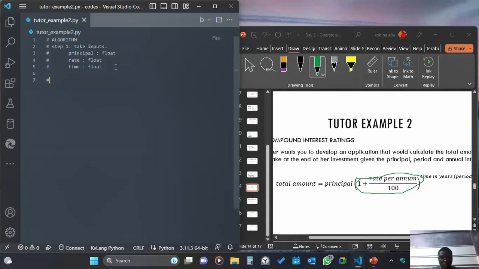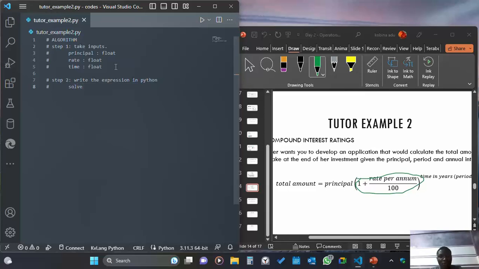Now for step 2, we have to write the expression in Python. But we can solve it this way. We can say first we solve the one in brackets. It's to my own discretion. You can solve all of them together, you can break them down, but I'm doing the breakdown for people to understand.